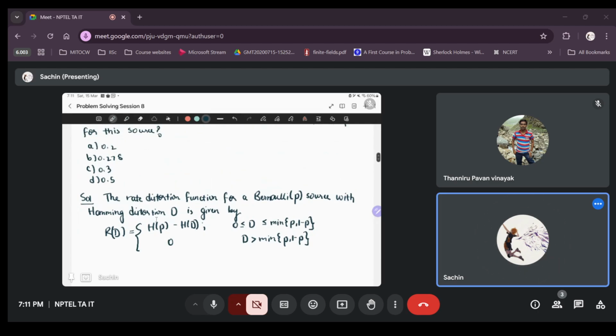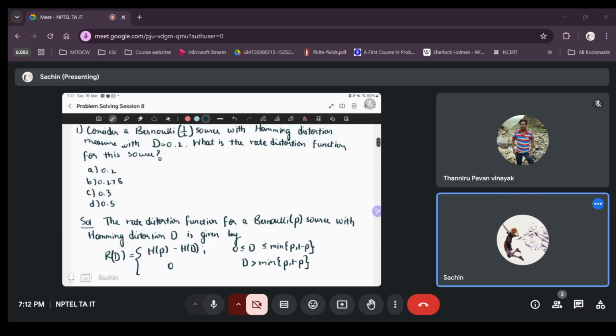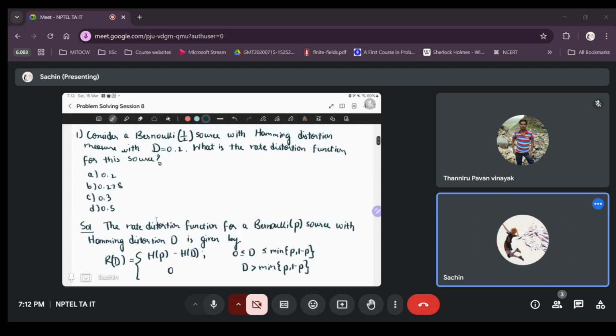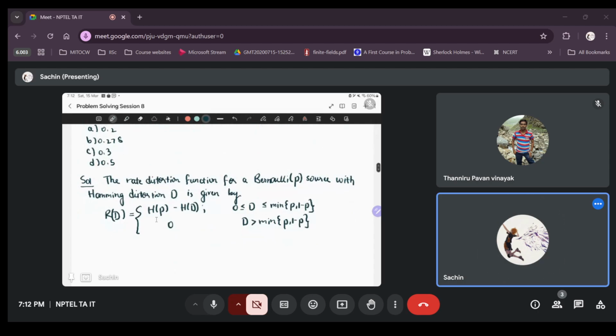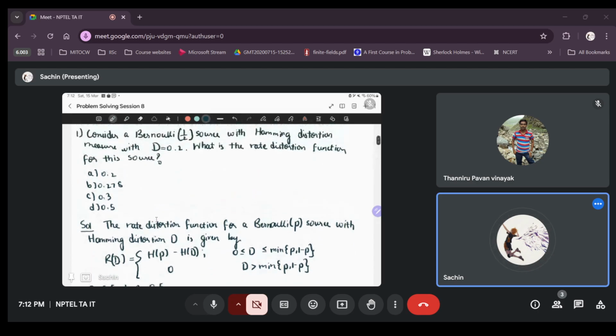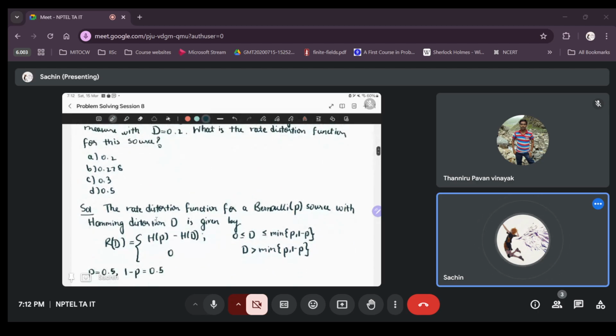If you're given choices like in a multiple choice question, you can see that in the given choices, that's not 0, so you don't have to worry about that option. But if it is not multiple choice, then you would have to find that P is half, which means 1 minus P is half, and their minimum is also half. D is 0.2, which is less than half.